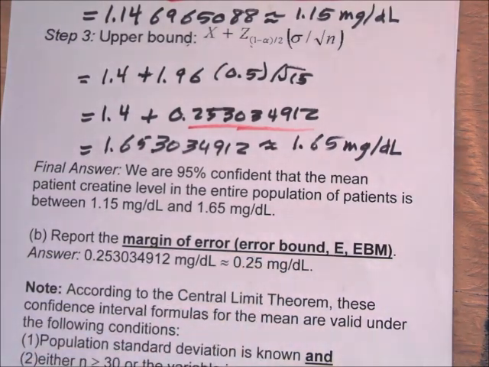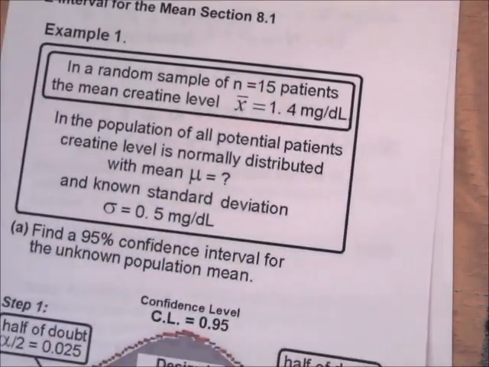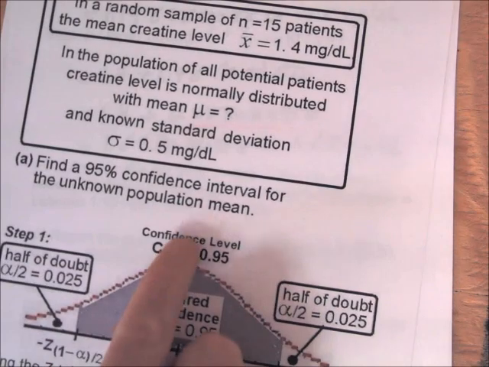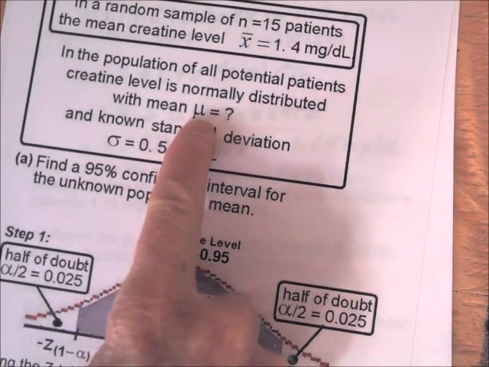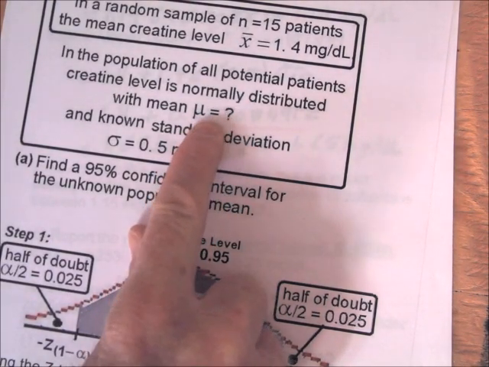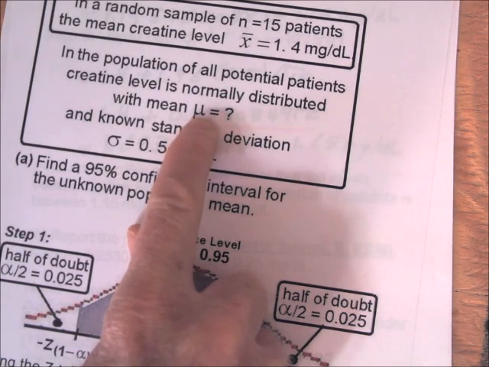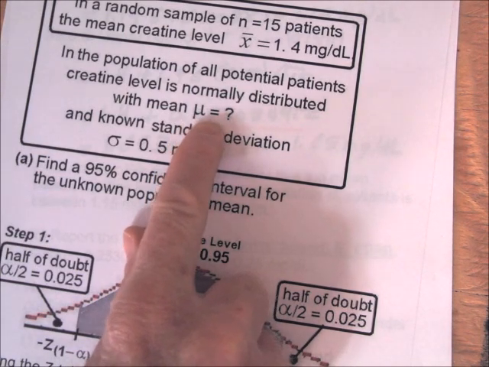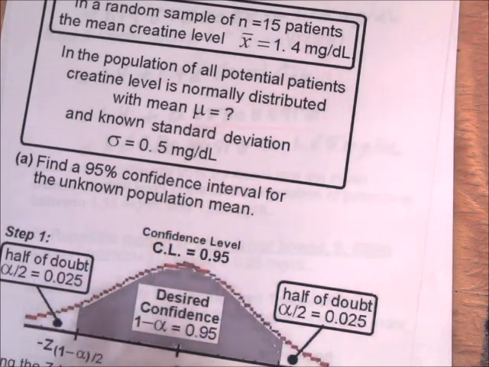That's how far off we can expect to be. So the 1.4 is a point estimate for the unknown population mean mu, but now we have an interval where we're 95% confident that mu is somewhere between 1.15 and 1.65 milligrams per deciliter.